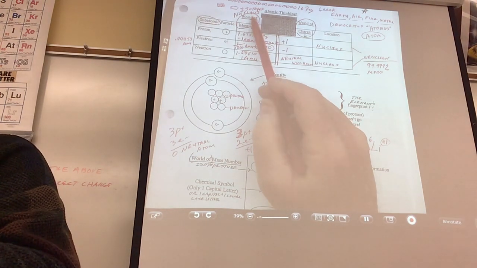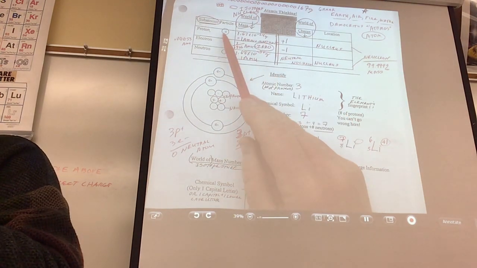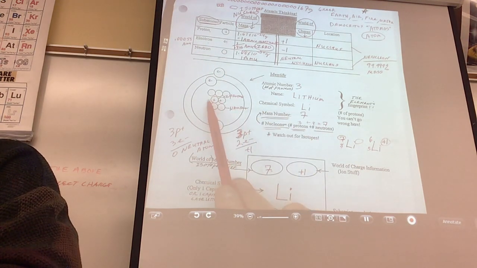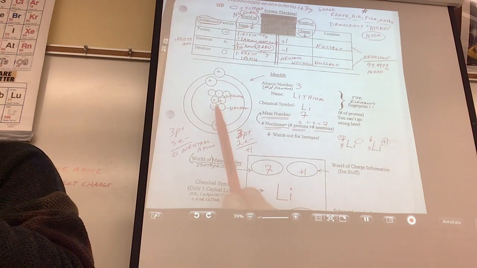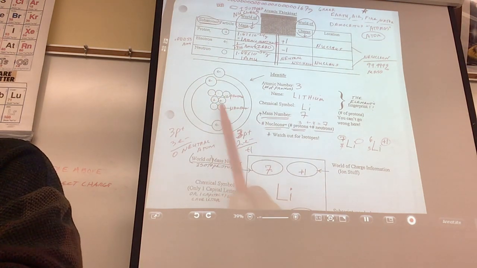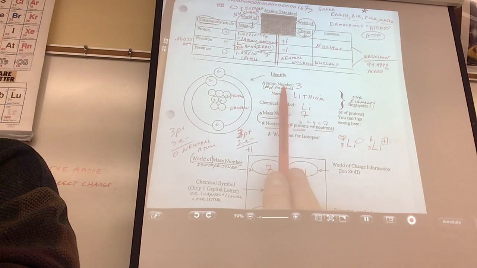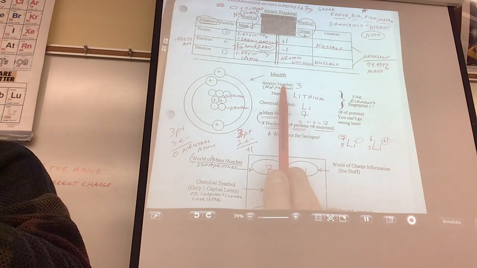So if we're talking about the world of mass, you're talking about protons and neutrons in the nucleus. If I count these up, that's called the mass number. The total number of things in the nucleus is the mass number. And so if the mass number here is 7, and 3 of them, protons, are always the atomic number, that's your identity, that's your fingerprint.